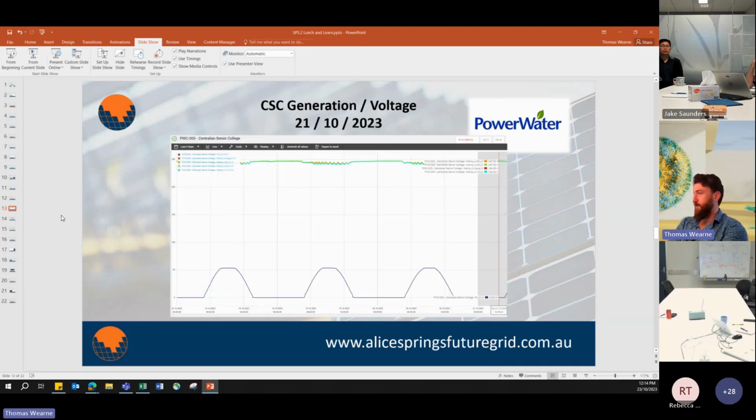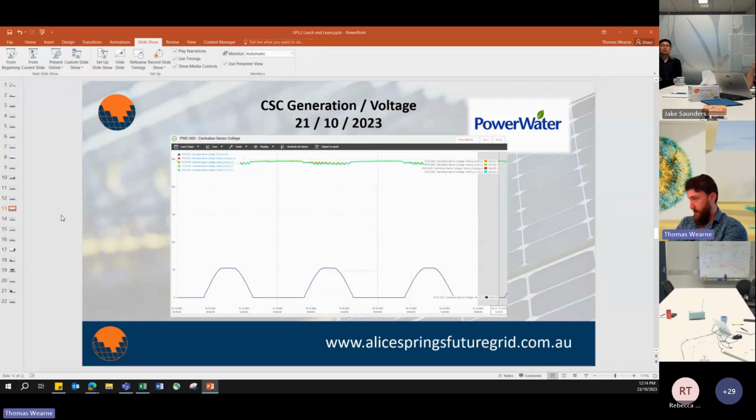Having a look at a couple of the results, we often hear about solar being associated with voltage problems. So this is 3 days of unimpeded solar production down the bottom in blue, and then the impacts on the voltages at the top.